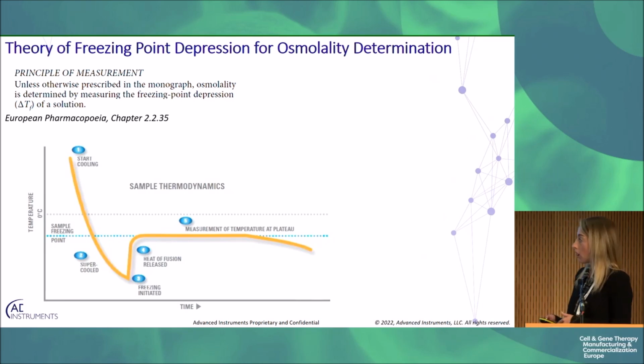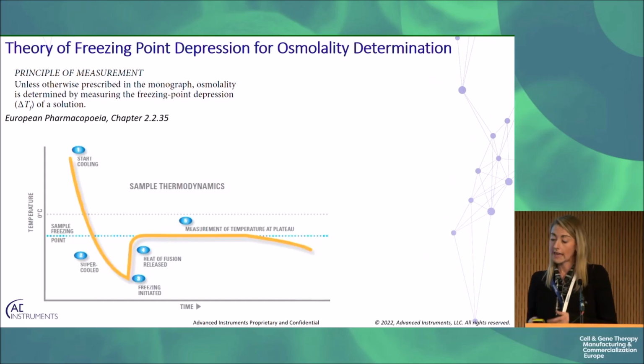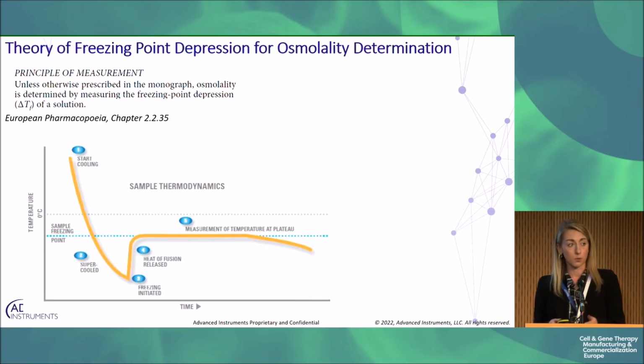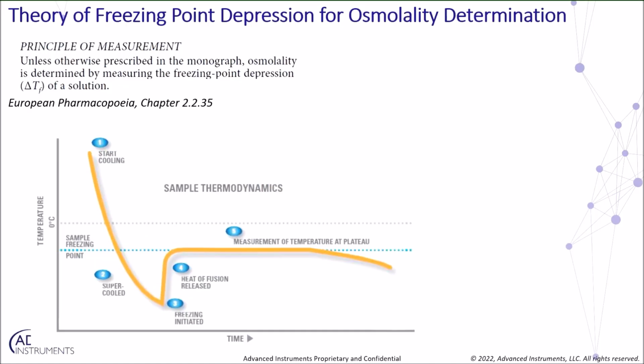Here is a graph representing what happens when you introduce your sample, your solution, your drug product, into the instrumentation. If we follow the points on the graph, you introduce that sample at point 1. The instruments cool that sample, so you go past your sample freezing point, and you are therefore supercooling your solution.